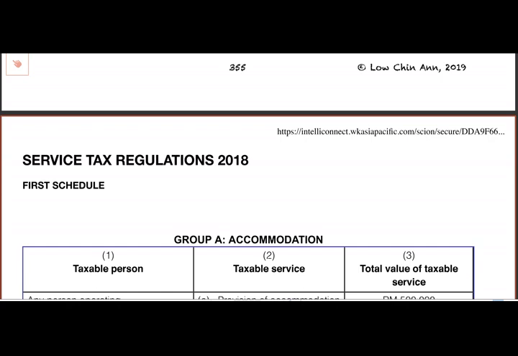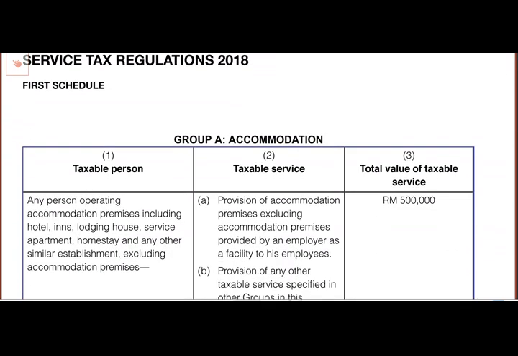There's no page number because I just attached it, so you have to follow with me, okay? At the bottom it says page 1 out of 18, okay?